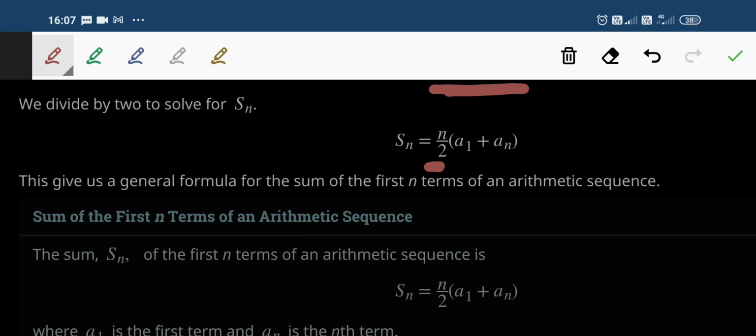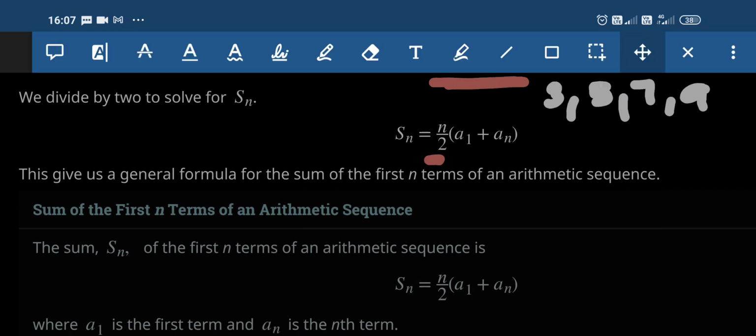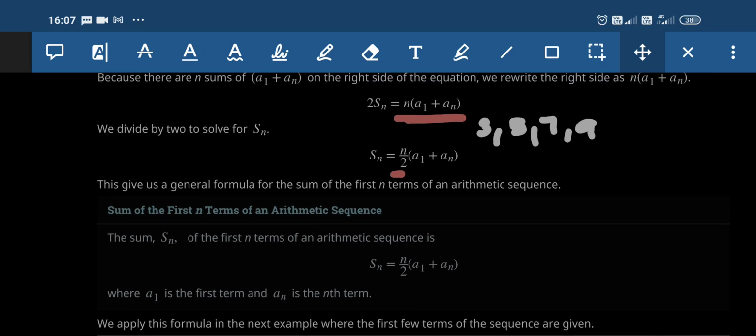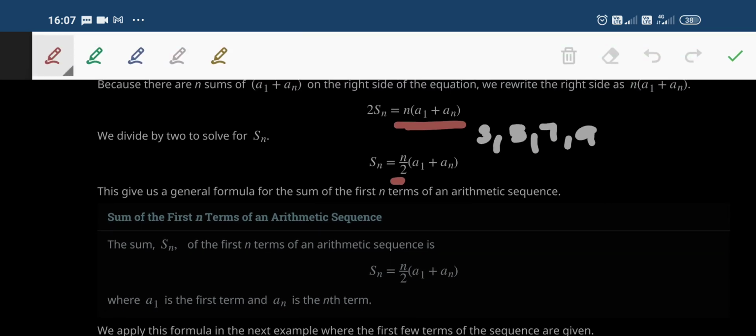Let me show you one rough example. Here say we have the numbers 3, plus 2 is 5, plus 2 is 7, plus 2 is 9. We want to find the sum of these four numbers. We are going to use this formula. How many terms are there? 4 terms.